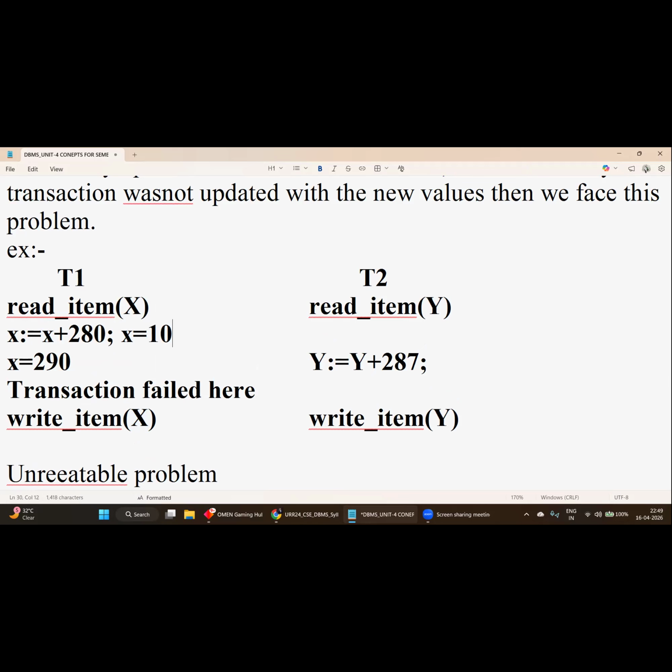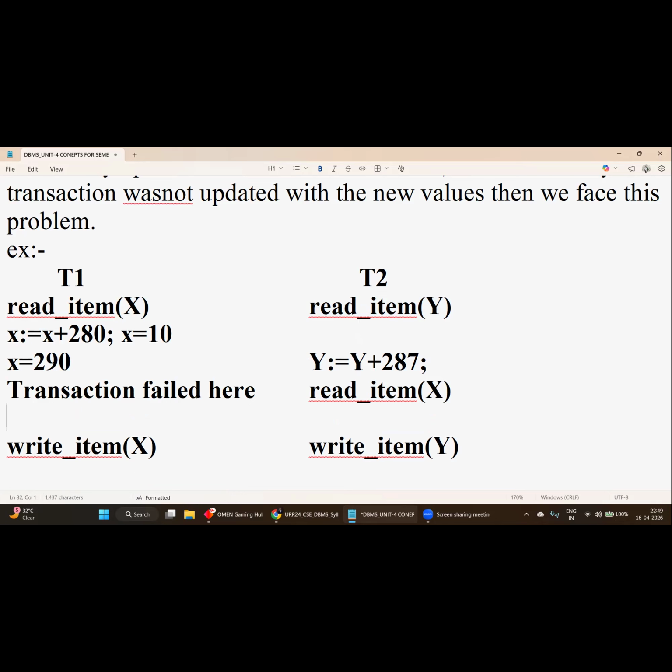If you use X here again for reading the item and perform any operation, for suppose X1 is equal to X minus 10, then it won't work because the transaction has failed.